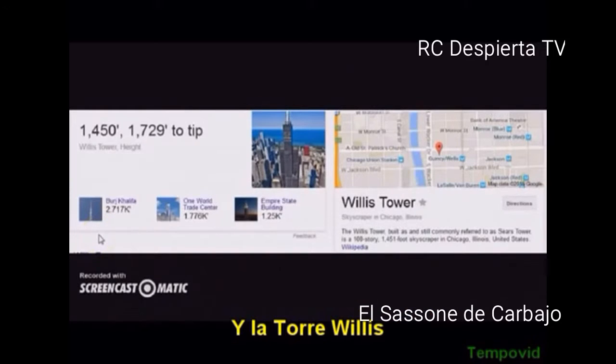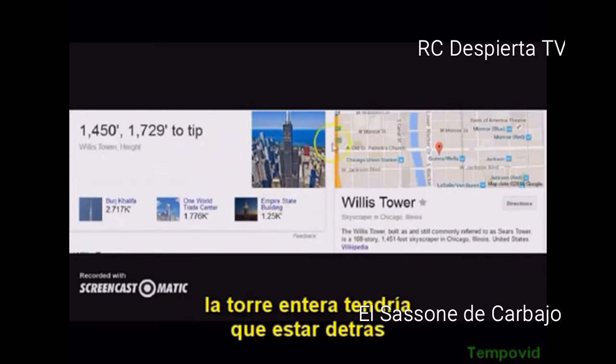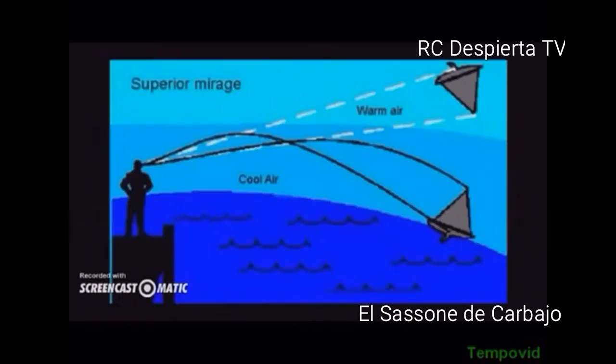So the Sears Tower, also known as Willis Tower, being 1,700 feet to the tip, the whole tower basically should be behind the horizon or the supposed curvature of the Earth.